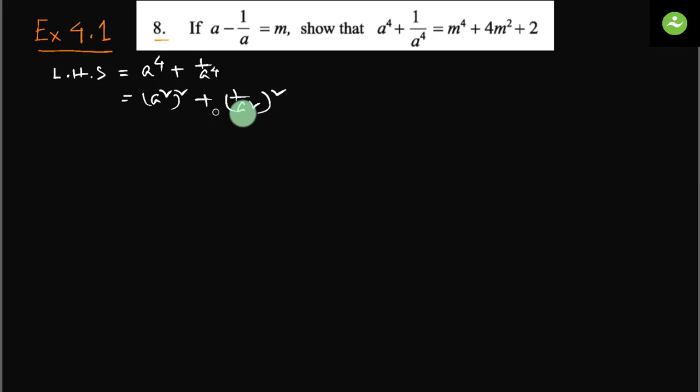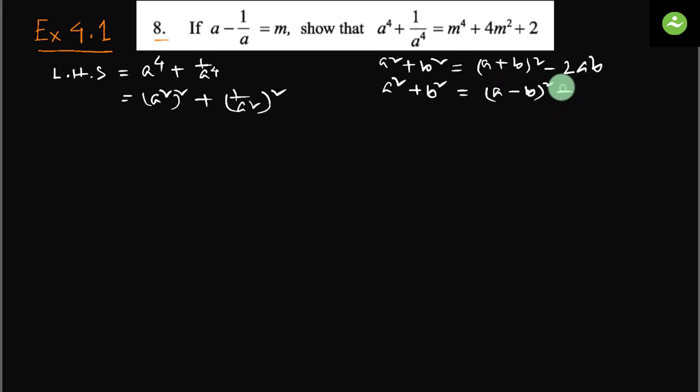Now this looks like a square plus b square, and we know the formula a square plus b square equals (a plus b) whole square minus 2ab, and also a square plus b square equals (a minus b) whole square plus 2ab. Now this looks like a square plus b square, and let us use this formula.